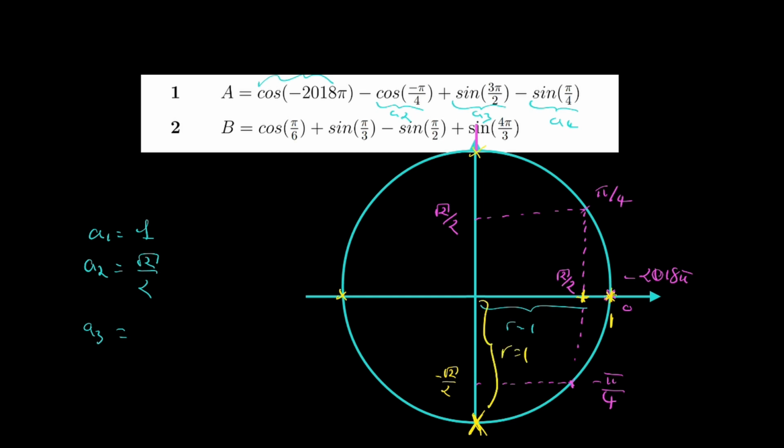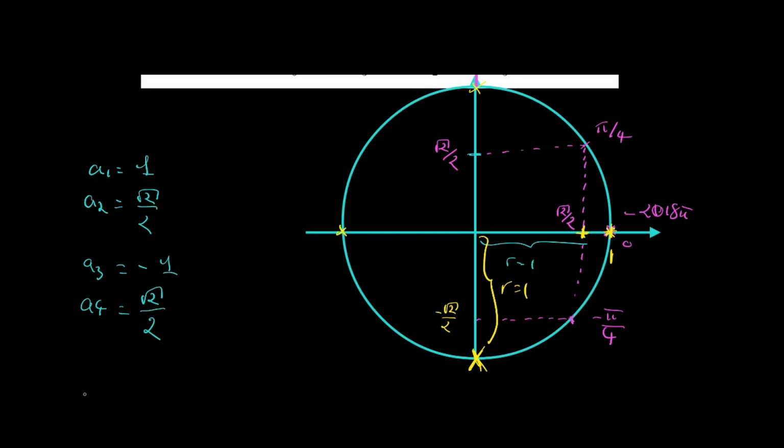So we have the sine equal to minus 1. Now A4 is equal to the sine of π over 4. We have already answered the question. This is equal to square root of 2 over 2.